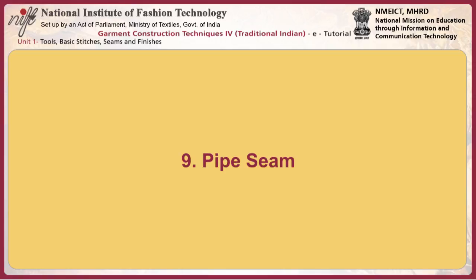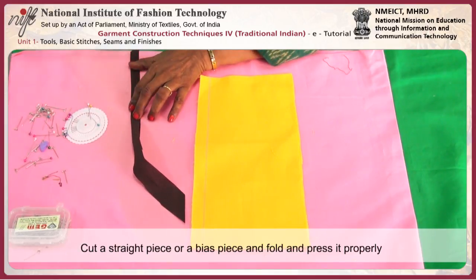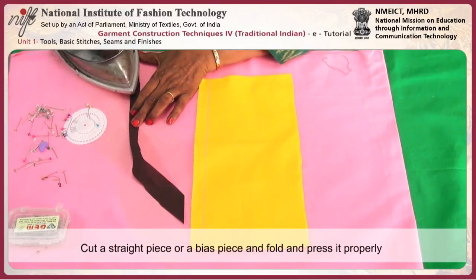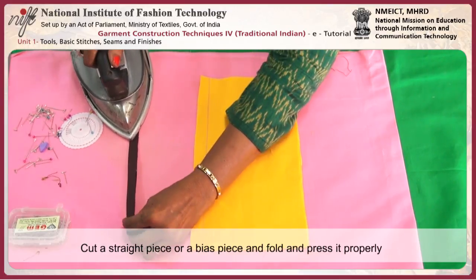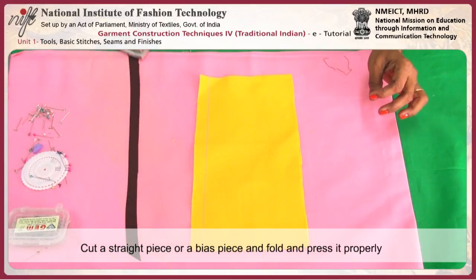Pipe seam. Next one is the pipe seam. You may cut a straight piece or a bias piece and fold and do the pressing properly.